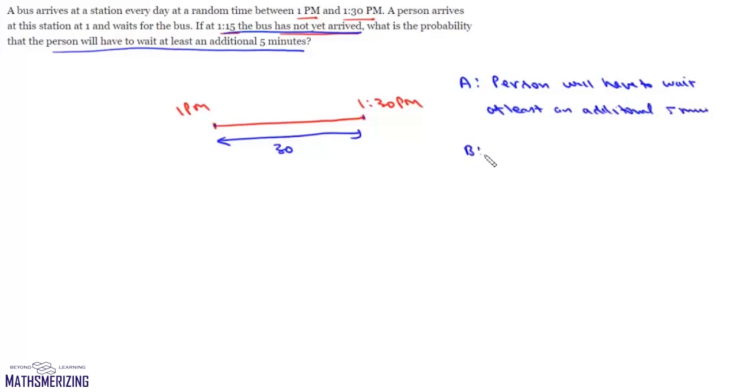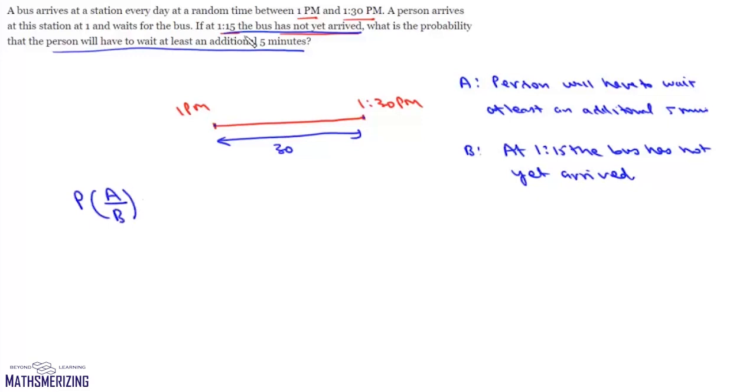And event B is that at 1:15 the bus has not yet arrived. Now we need to find this conditional probability that this person has to wait at least 5 minutes if it is given that the bus has not yet arrived at 1:15.